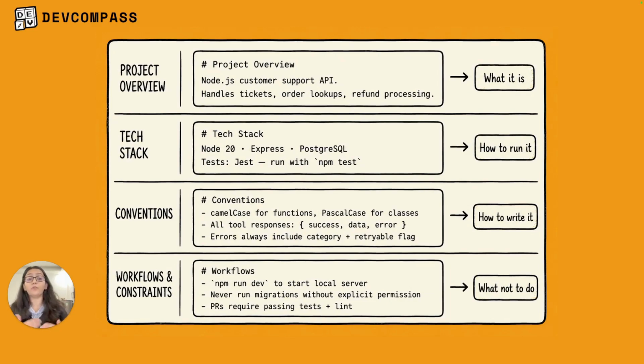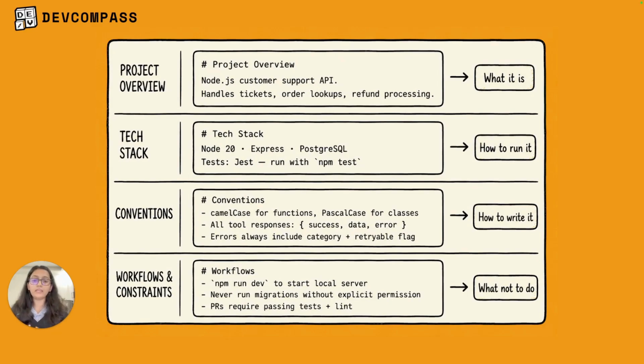This is where you codify your team standards: file naming conventions, import order, error handling pattern, return format for tool responses, whatever a new developer would read to write code that fits in. The example here also shows camel case for functions, Pascal case for classes, and all tool responses use the same structured format. Claude reads this and applies it without being reminded.